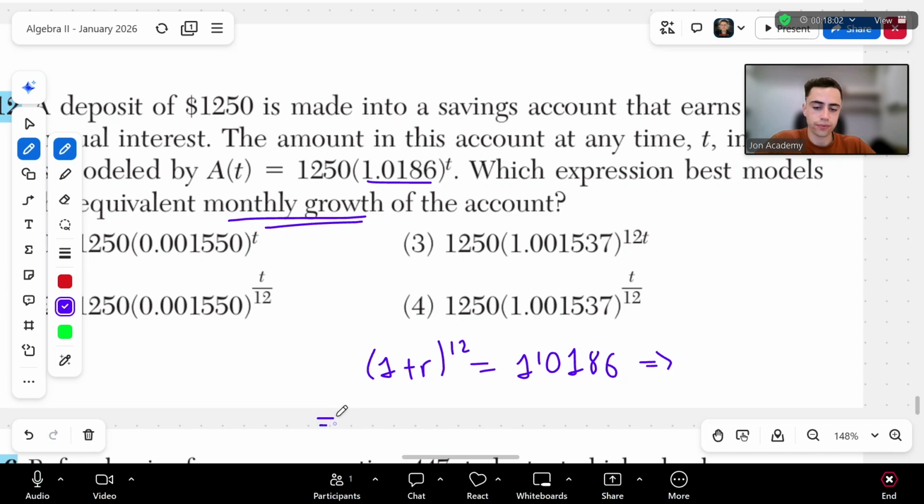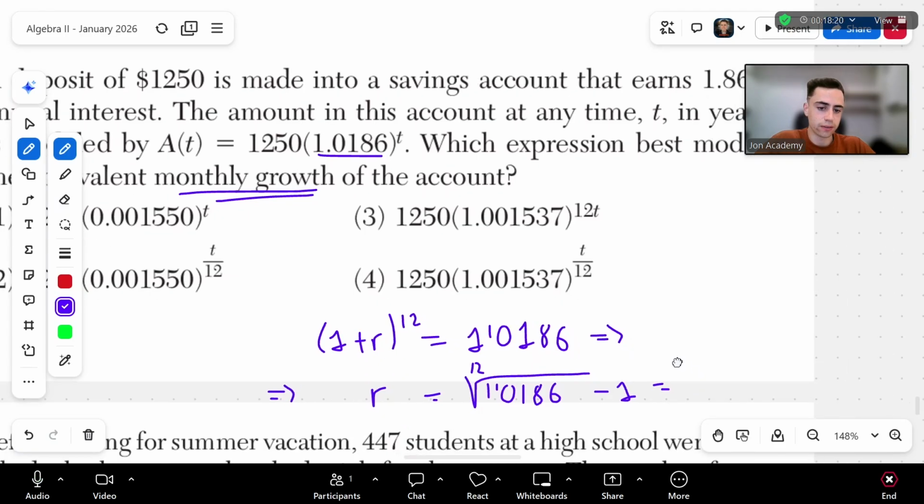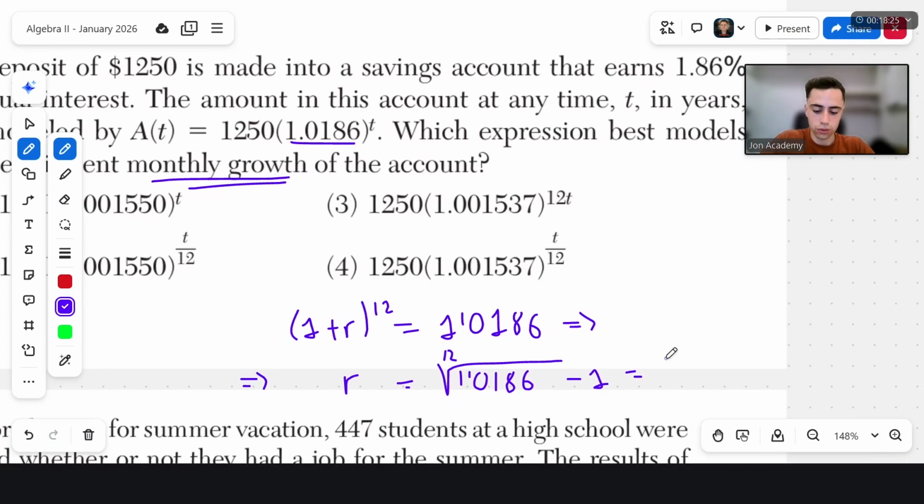So for that, we are gonna do the 12th root here for this number first. And that's gonna be 1 plus r. And now we have to subtract 1 from both sides, and that's gonna be our r. So we are gonna do this number on the calculator, the 12th root.